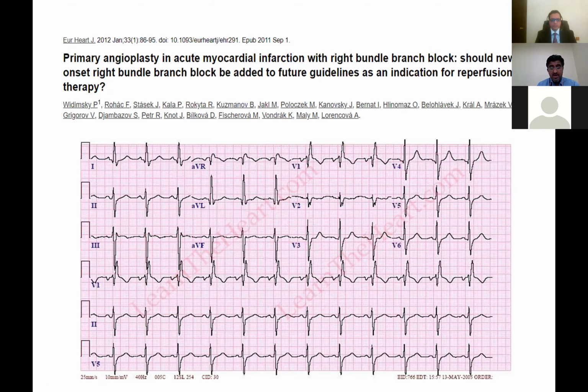A new right bundle branch block with left anterior fascicular block is probably ischemia, and your patient probably needs the Cath lab. As I said a while ago, you look at the axis deviation: this left axis deviation with Q1 S3, opposite to the S1 Q3.